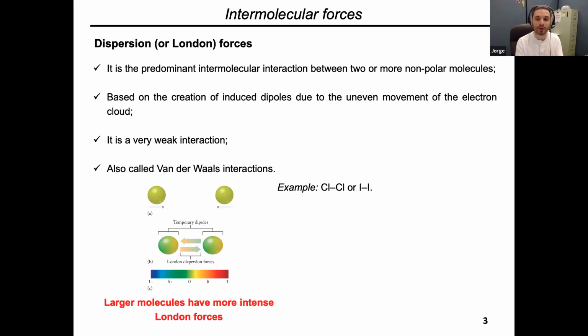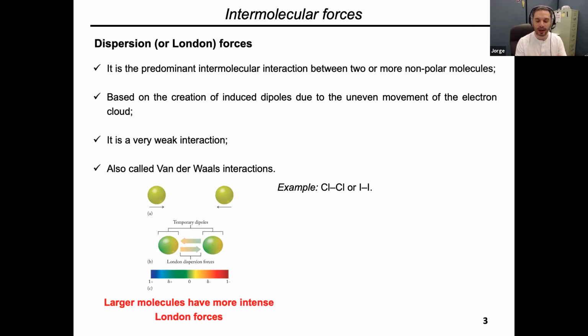The dispersion forces are based on the creation of induced dipoles due to the uneven movement of the electron cloud. So we will cover that in a few minutes. It is a very weak interaction. Another name for dispersion forces is van der Waals interactions.